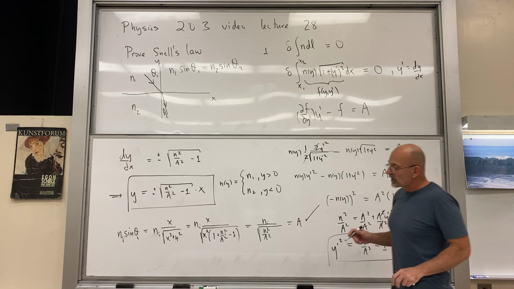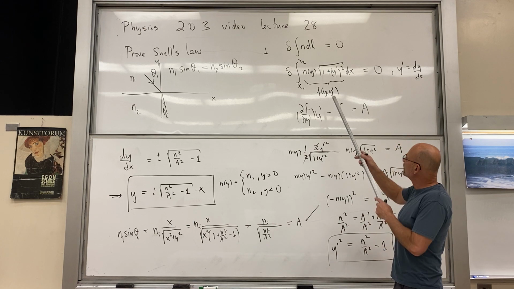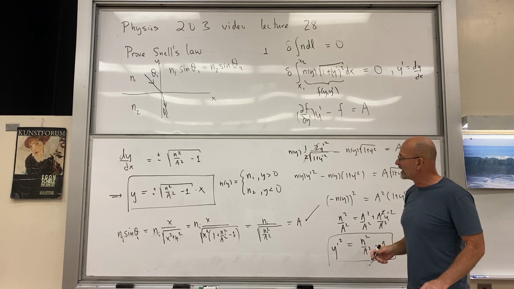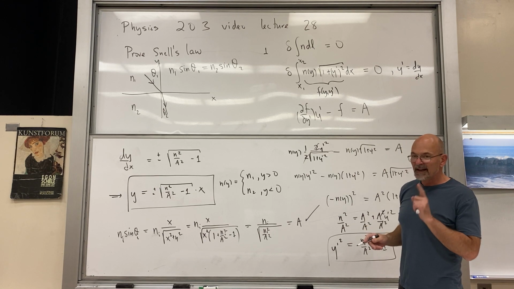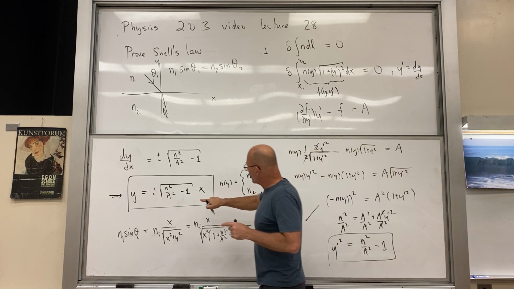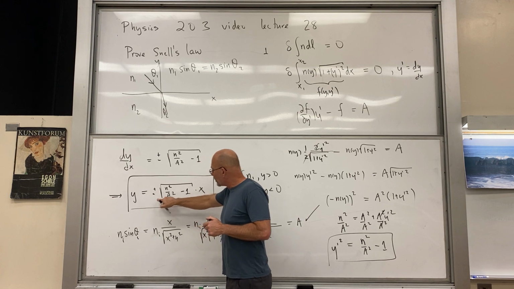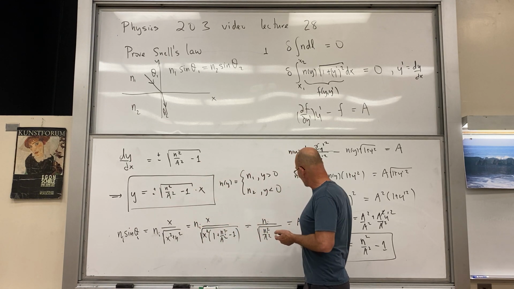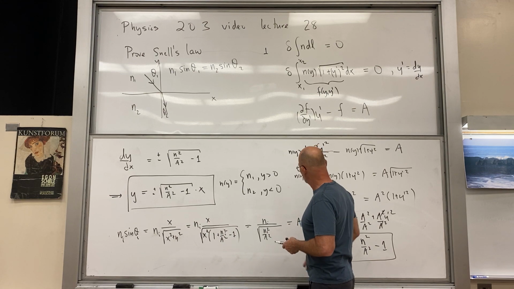Good, so we've shown Snell's law using the variational principle, and now we're going to show it using the Hamilton-Jacobi equation. In particular, we're going to be able to get to this equation here, and once we get here, we'll declare victory because we see that the next steps give us Snell's law.